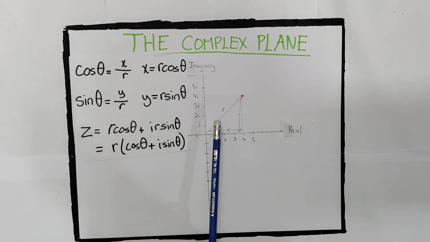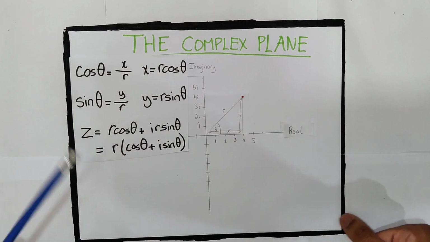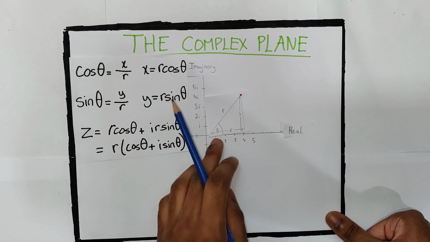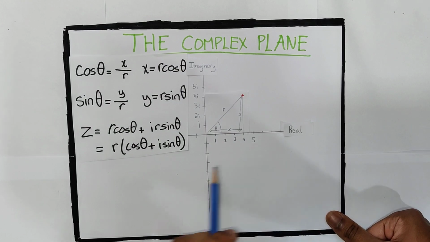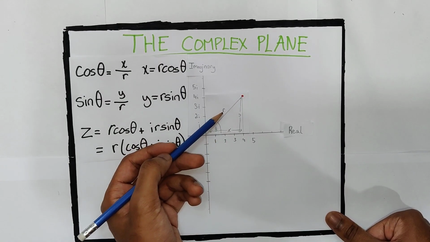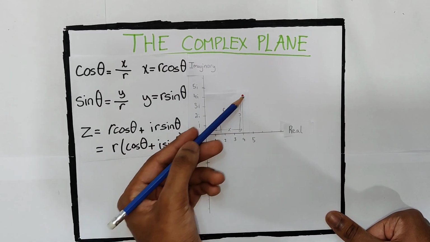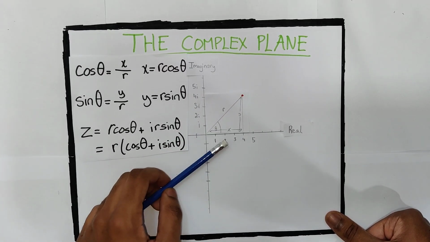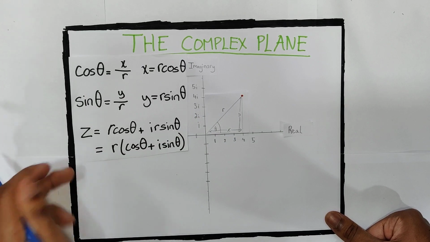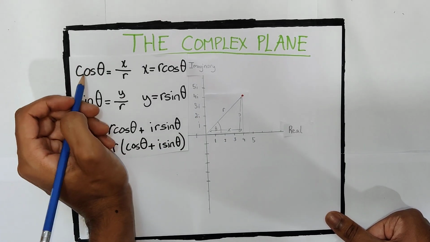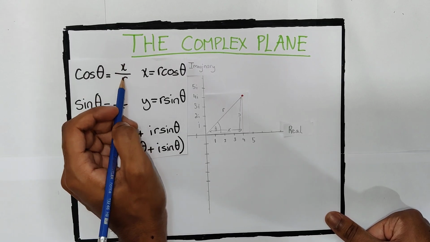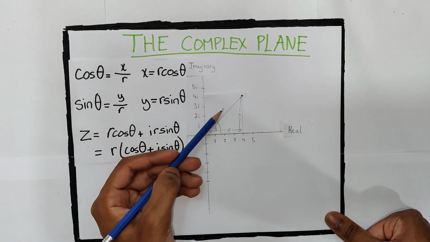So now let's take a closer look at this triangle here. We're going to use some trigonometry to try and define the complex number by its angle and its magnitude, the distance r, that the point is from the origin. If we take a look at the angle theta, which is again the argument of the complex number, we'll know that the cosine of theta is x over r because it's adjacent over hypotenuse.